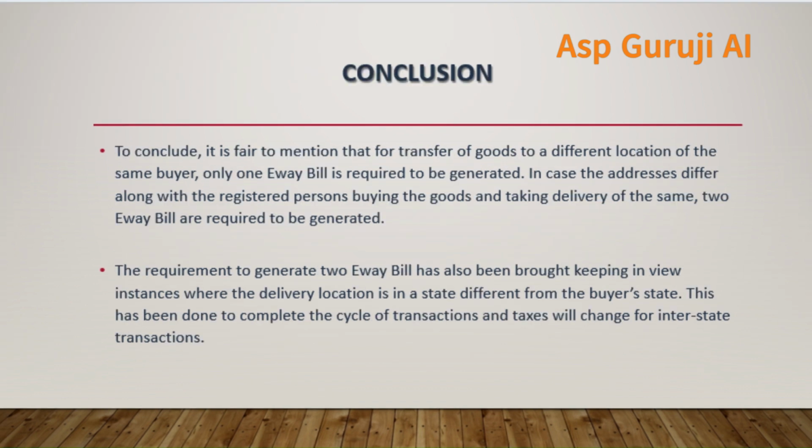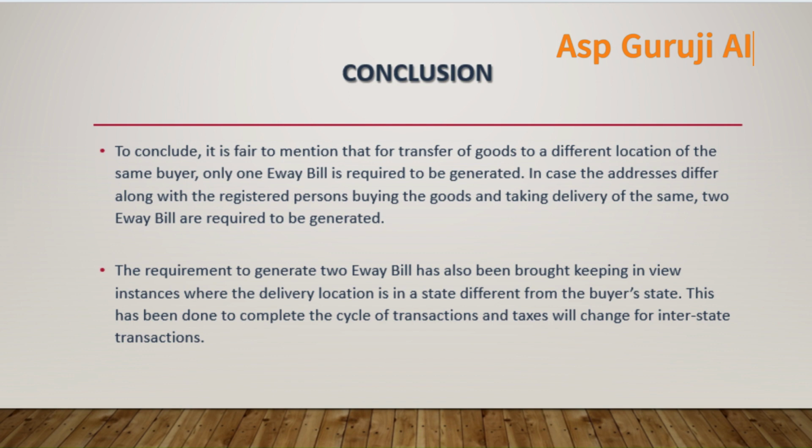Conclusion. To conclude, it is fair to mention that for transfer of goods to a different location of the same buyer, only one EWAY bill is required to be generated. In case the addresses differ along with the registered persons buying the goods and taking delivery of the same, two EWAY bills are required to be generated.